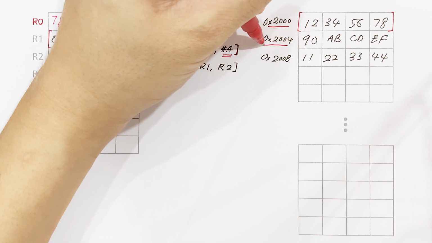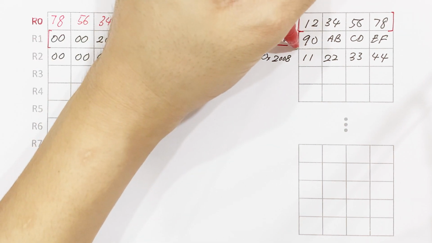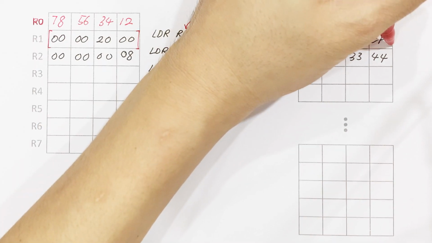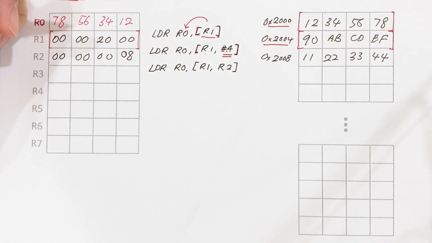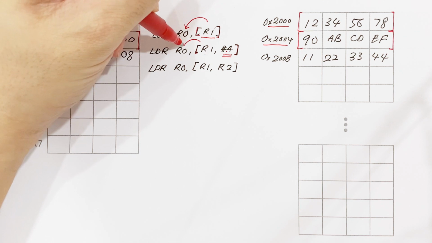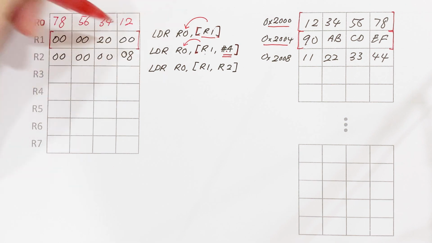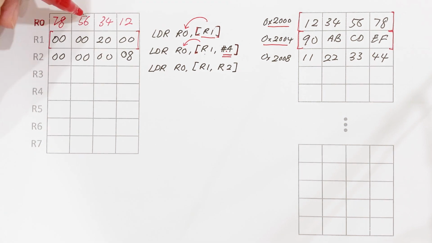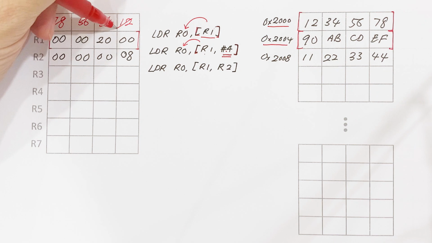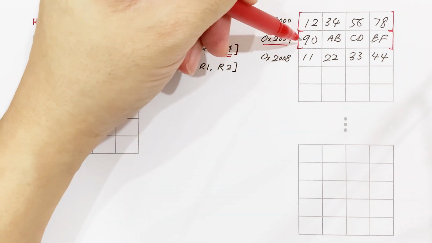We are going to move the value from memory location 2004 and store it into R0. Of course, after we execute this instruction, the value of R0 will be replaced by the new data.